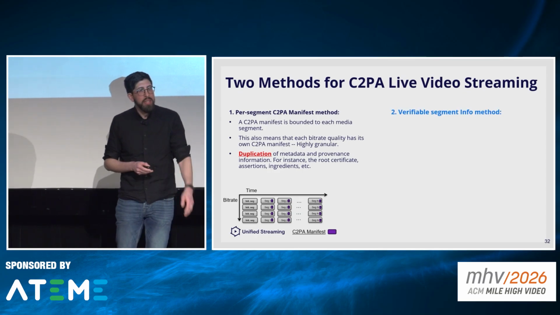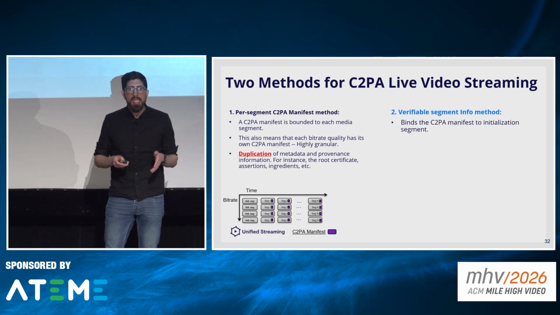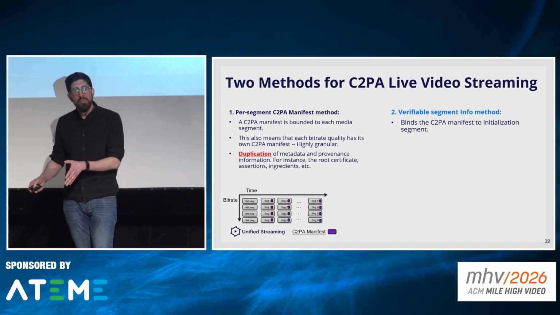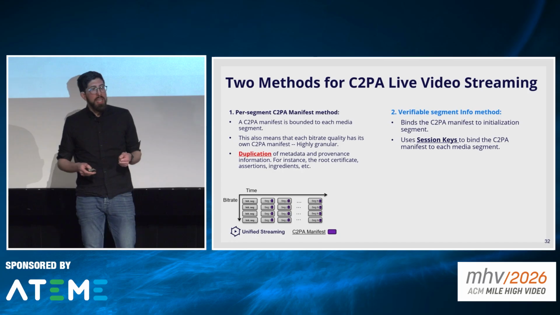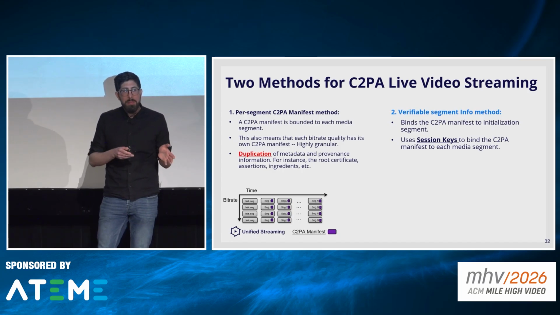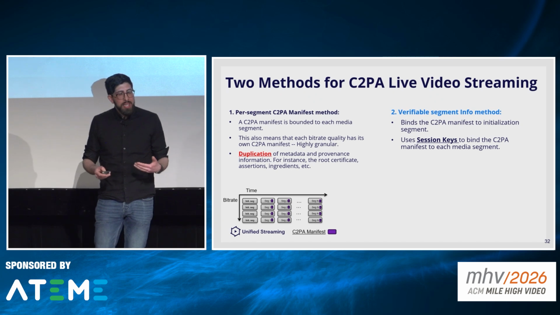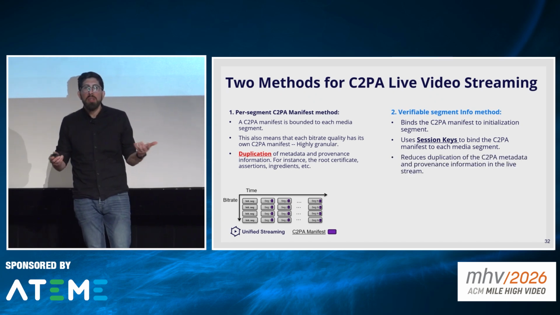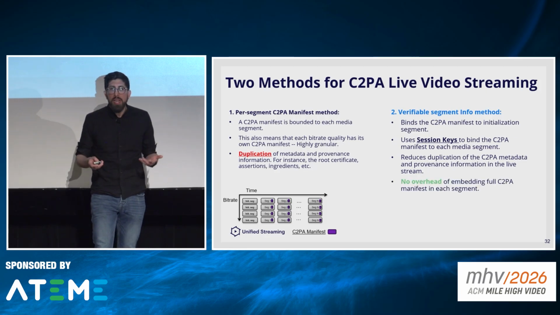And on the other hand, the verifiable segment info method binds the C2PA manifest to the initialization segment. This method uses session keys that bind the C2PA manifest to each media segment. This reduces the duplication of this metadata, the root certificates, in order to have lower overhead in terms of bandwidth.